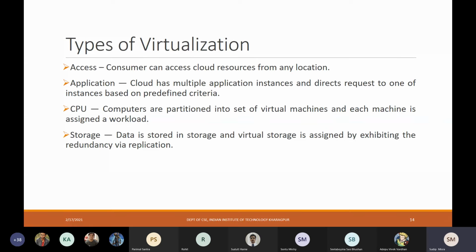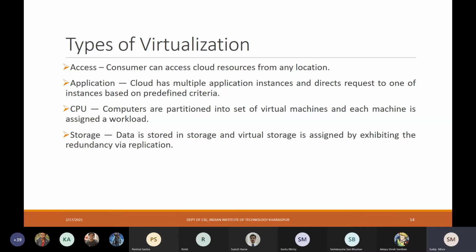That is known as access virtualization. Application virtualization: the cloud has multiple application instances and directs requests to one of the instances based on certain predefined criteria.